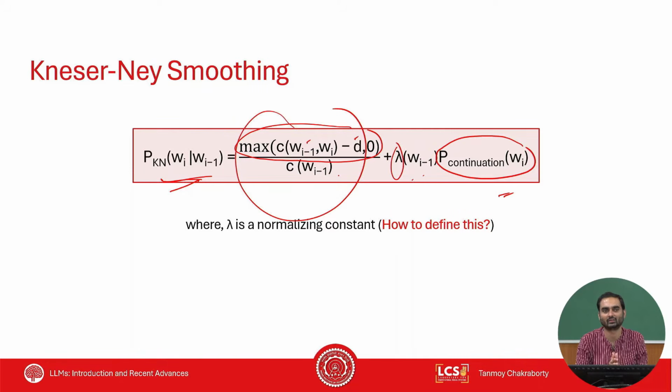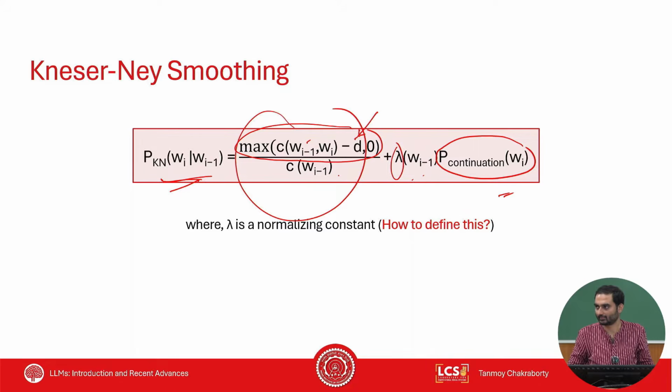Think about it. You are almost there. So for which entries is this discount applied? Now think about the row. There are some entries which are non-zero. There are some entries which are 0. So this D will only be applied to where?